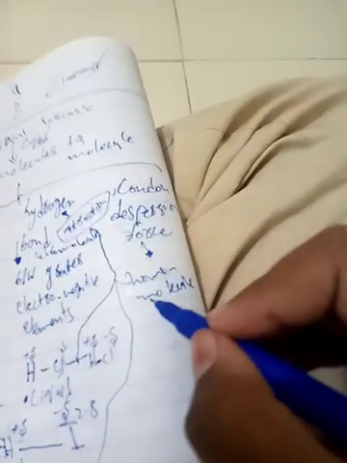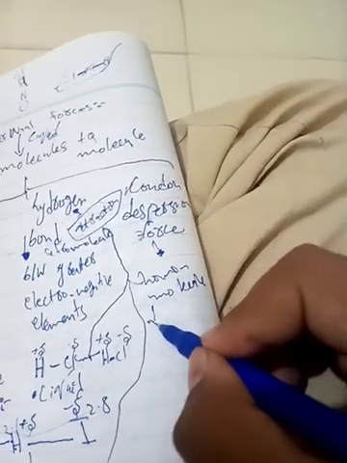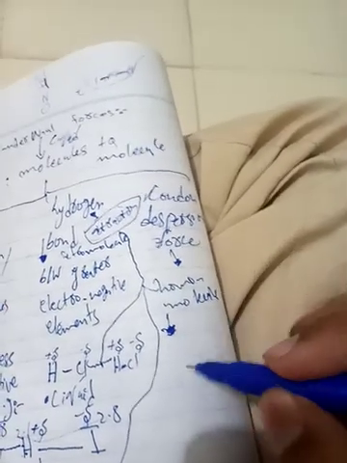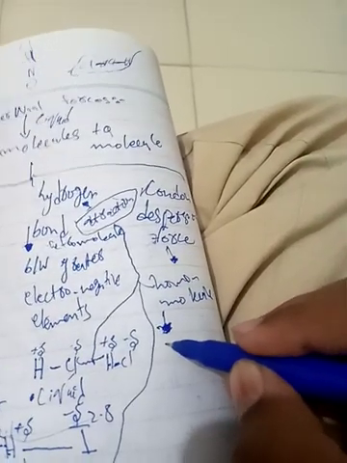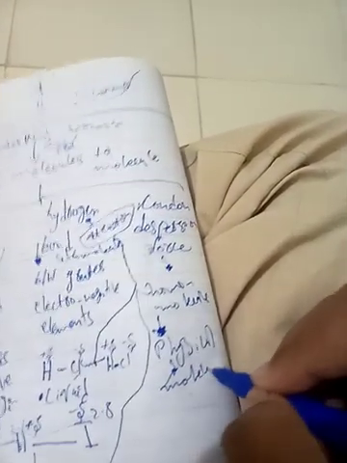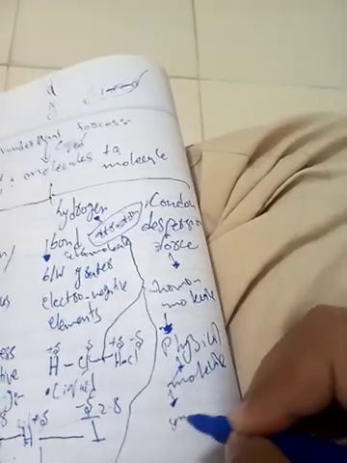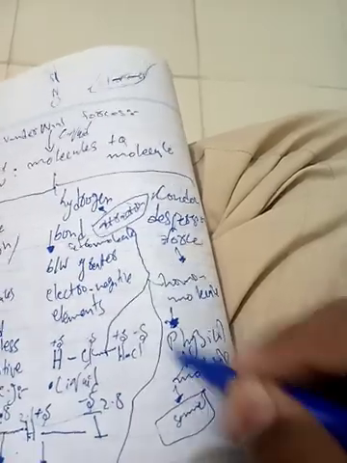London dispersion is a physical bond between molecule and molecule, and the molecules should be the same here, with the same electronegativity, the same everything.